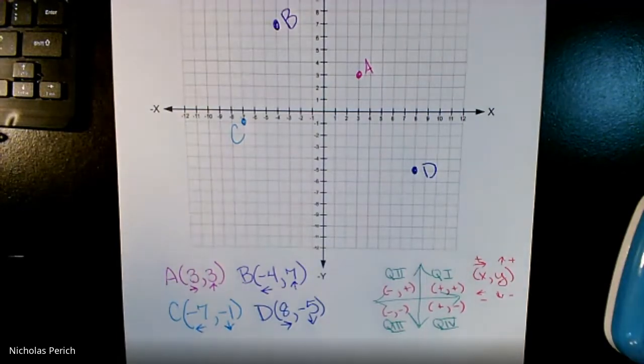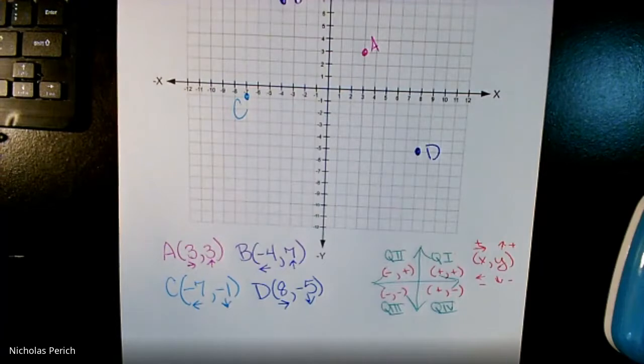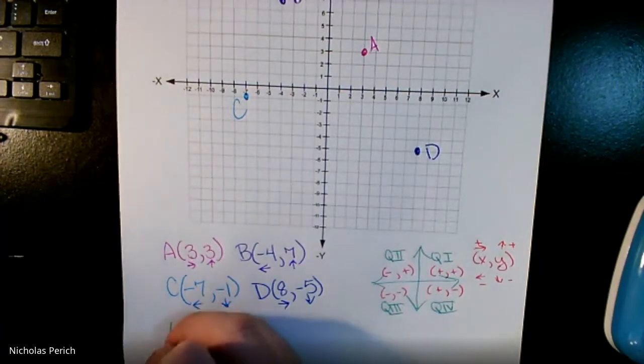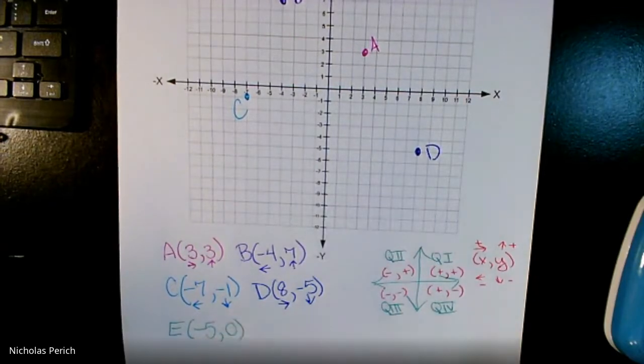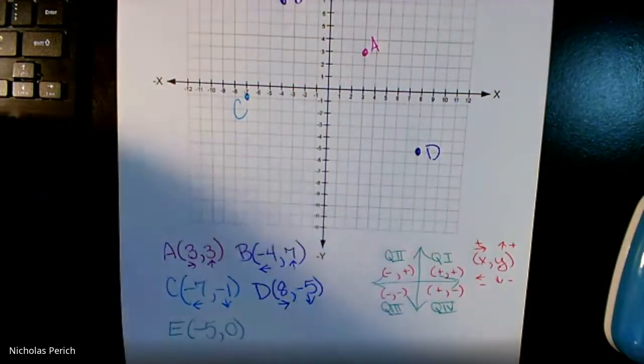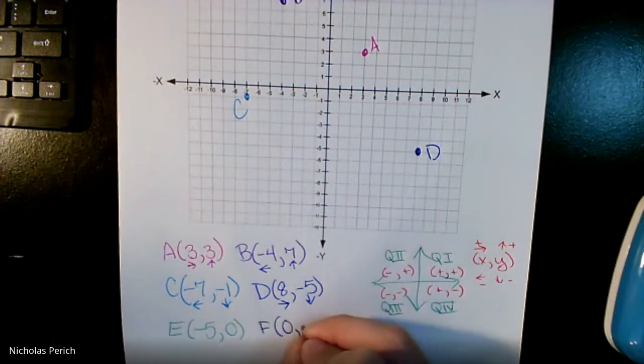Okay, let me squeeze in 2 more. How about E? I'll make -5, 0. And then F, I'll make 0, -7.